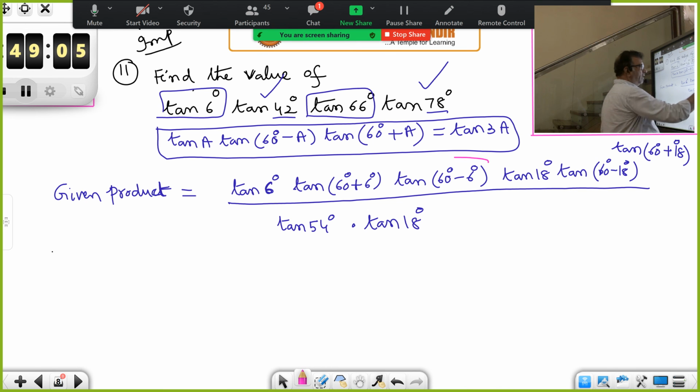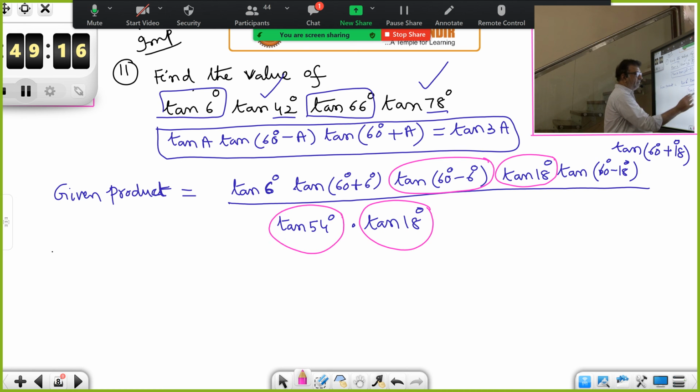So this factor and this factor I have written extra in the numerator. That is why in the denominator also I have written them and cancelled them. Tan 60 minus 6 is tan 54. Here I have written tan 54. They will cancel out. Tan 18 they will cancel out. Remaining 4 factors, whatever factors he has given.